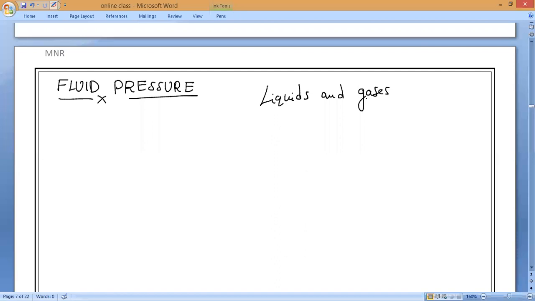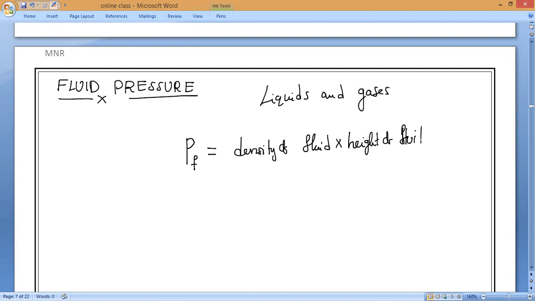Now, in the last class we derived the pressure exerted by fluids. Finally, the pressure exerted by any fluid is equal to density of fluid into height of the fluid in the container, into acceleration due to gravity.